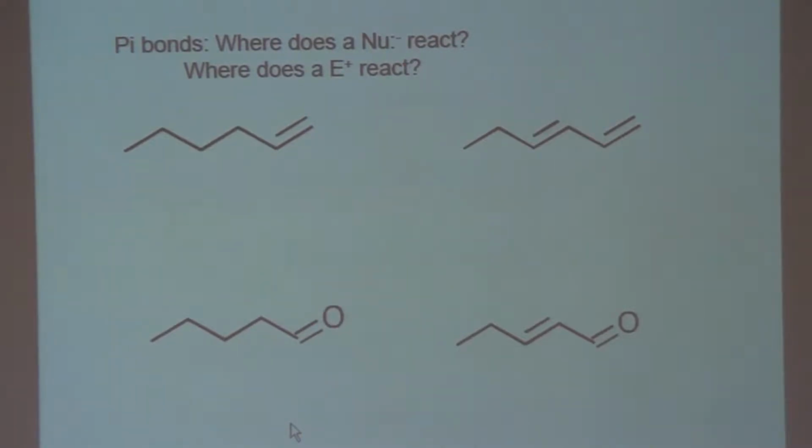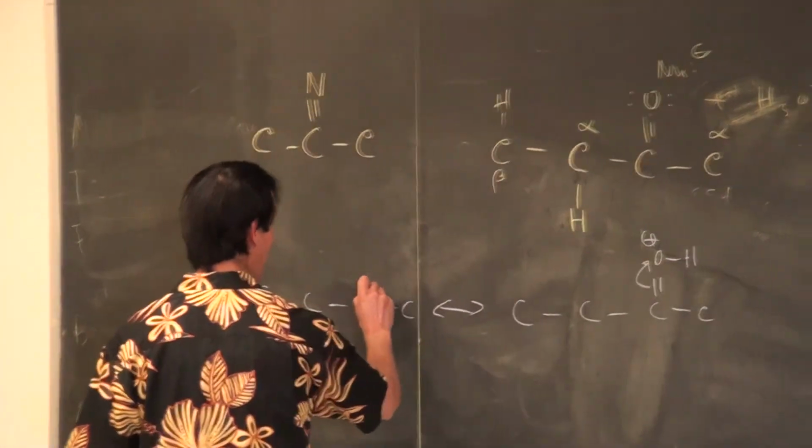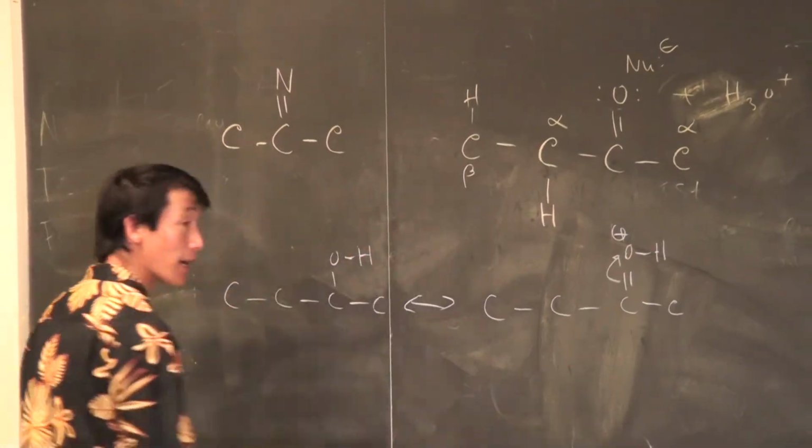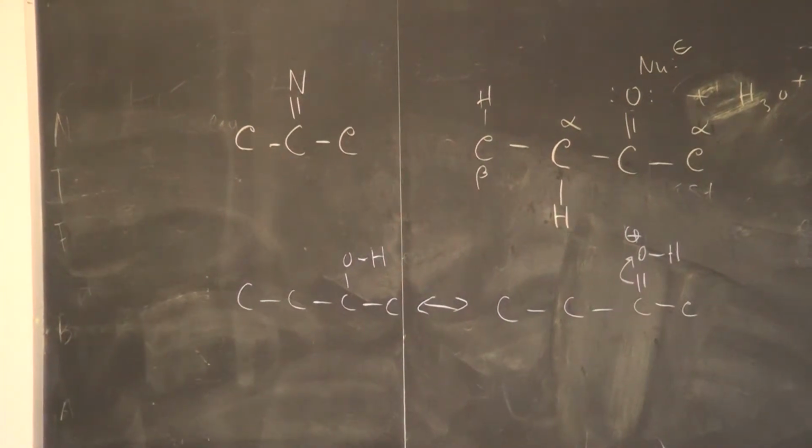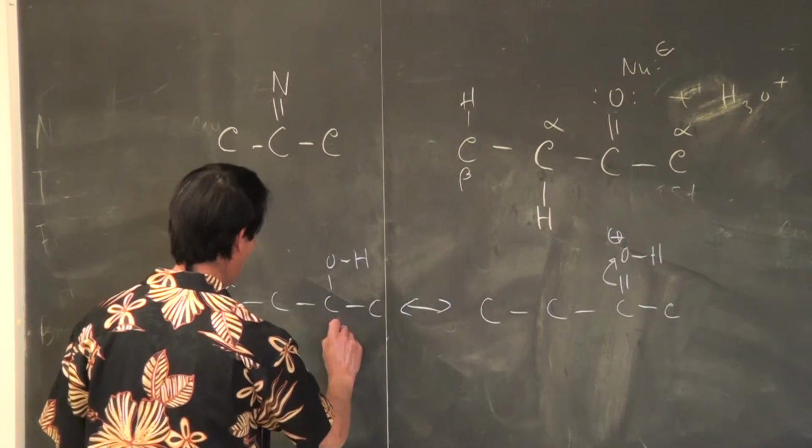So if we have this compound, we can draw a resonance structure which looks like this. The pi bond moves up to oxygen, forms a lone pair, and then we get a plus on the carbon.